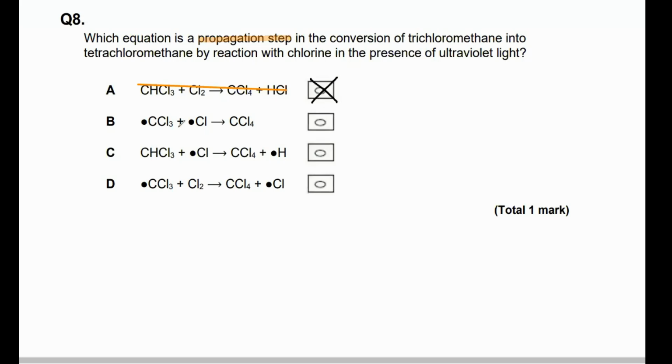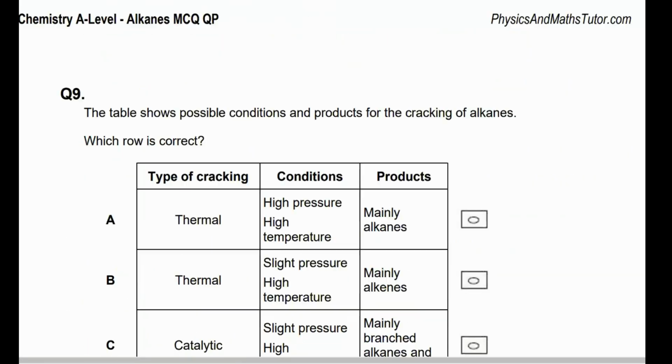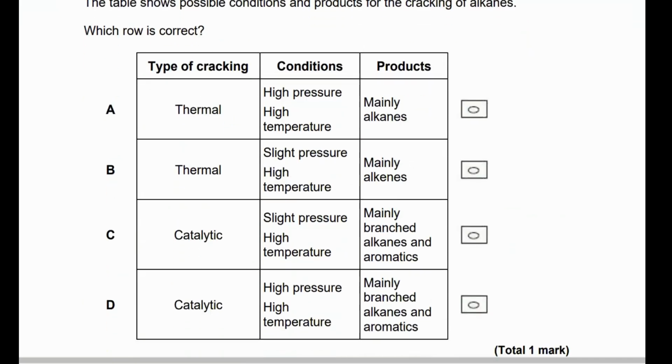Let's get rid of the second one. That's a termination. So we can immediately get rid of that. So really we're only looking at C and D as propagation steps because they have a free radical on the reactant side and a free radical on the product side. And of course you don't get hydrogen free radicals in free radical substitution of alkanes.